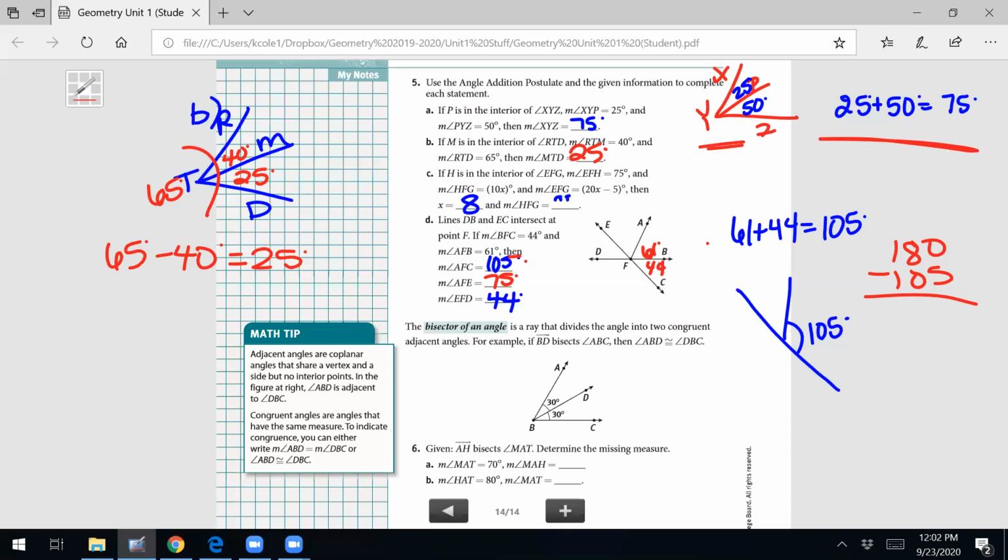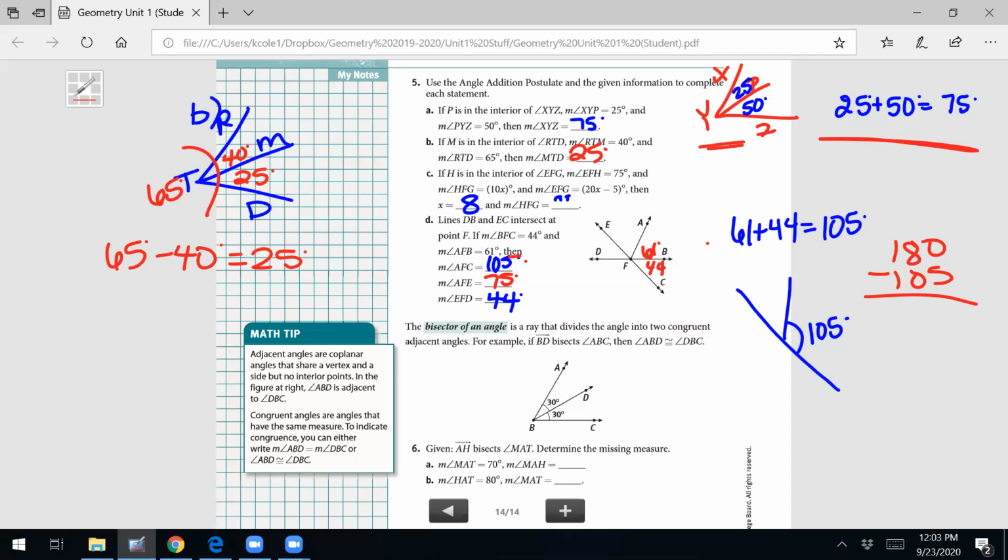So it's just like it was when we were dealing with the segments, okay? If we had a midpoint, that midpoint is right there in the middle. If it was bisected, it was cut in the middle, which means we're dealing with two equal parts, okay? Your whole angle has been cut in half.